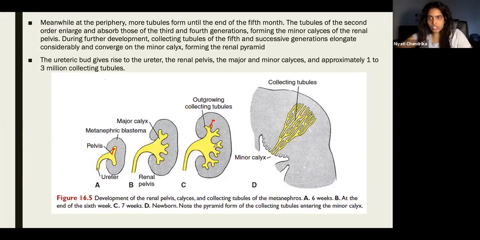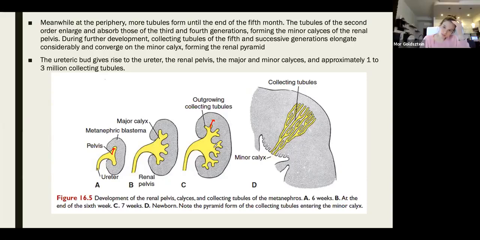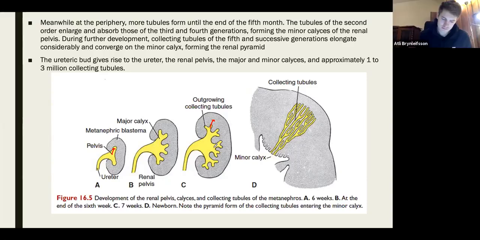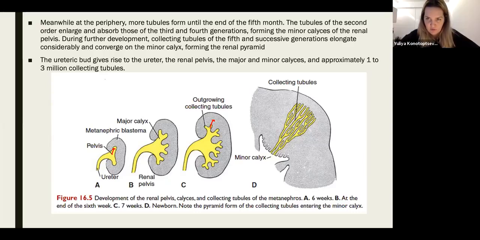Excretory. Urinary system. The collecting system. The system is called the collecting system. From the collecting ducts to the minor and major calyces, renal pelvis, and ureter, this is the collecting system of the kidney.